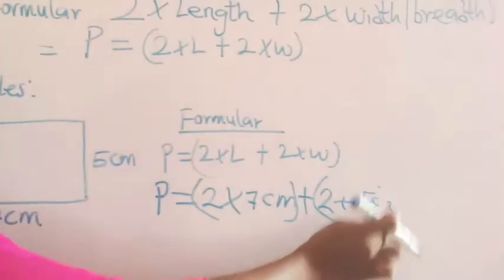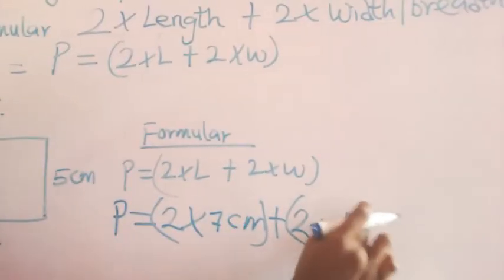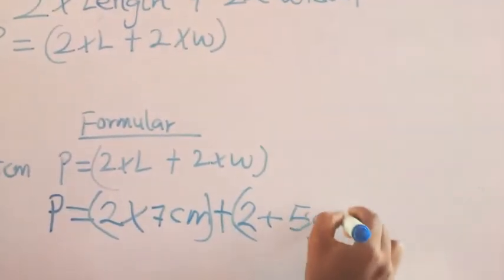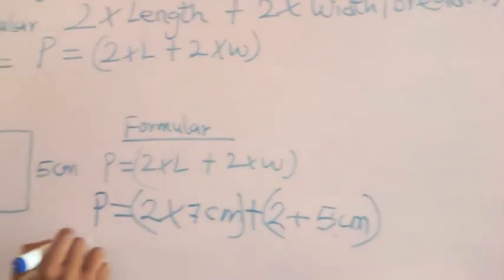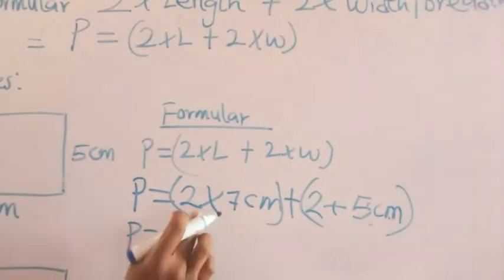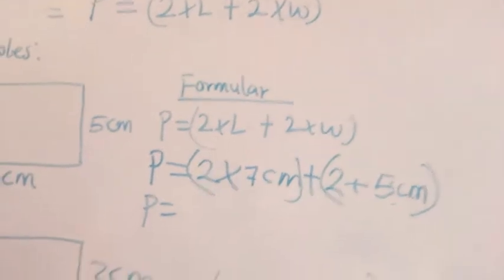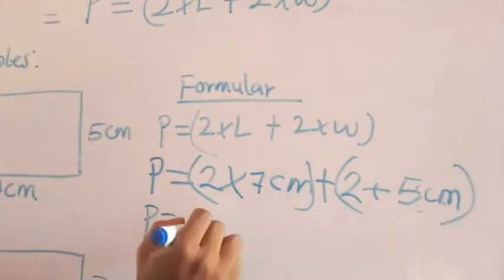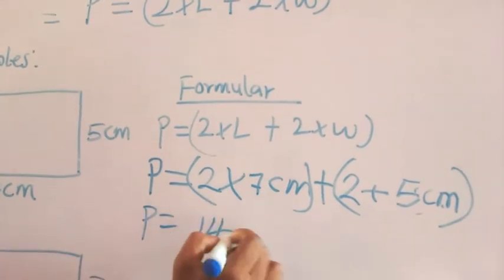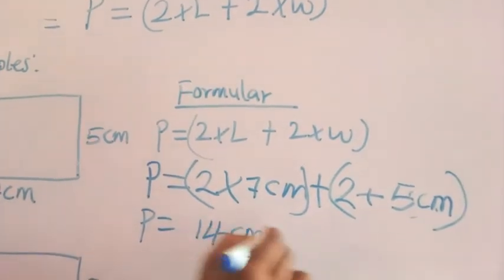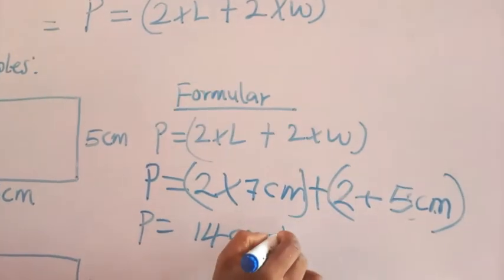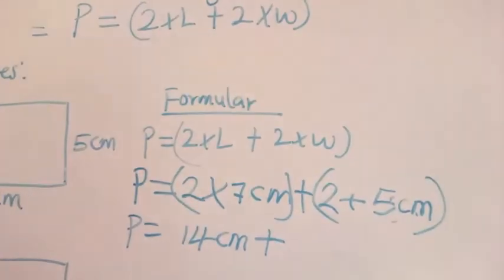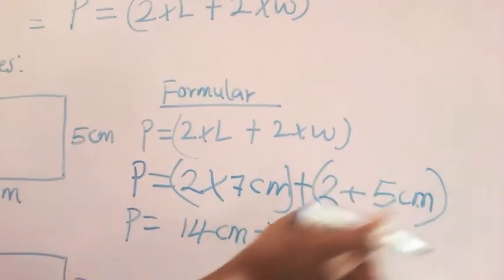Here we have P is equal to 2 times 7. 2 times 7 is 14 cm, plus 2 times 5. Children, 2 times 5 is 10.